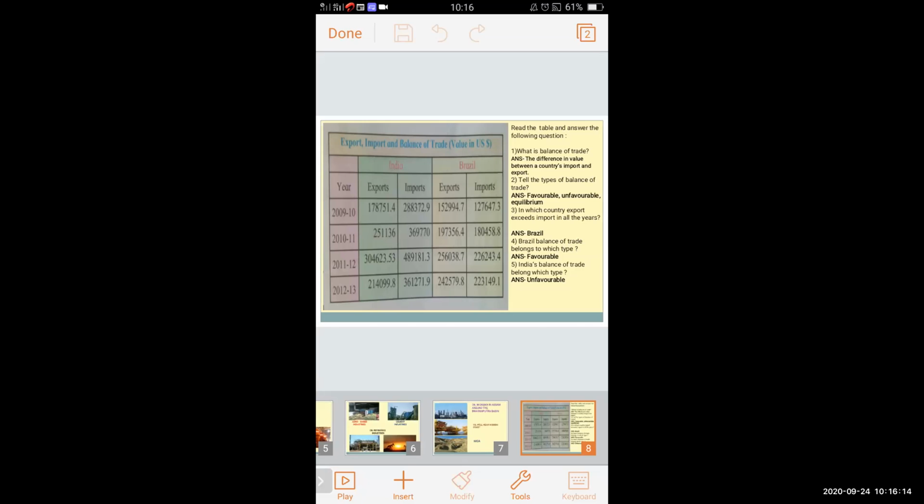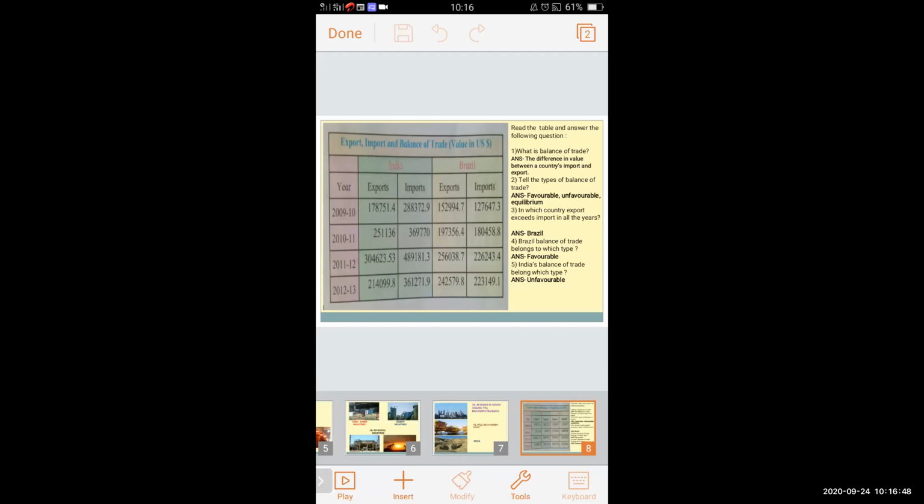In 2009-10, export is 1,52,994.7 and import was 1,27,647.3. This shows that the import was less and the export was more. Export is more means Brazil exports its commodities and goods in large quantity to other countries, but import of goods from other countries is less.